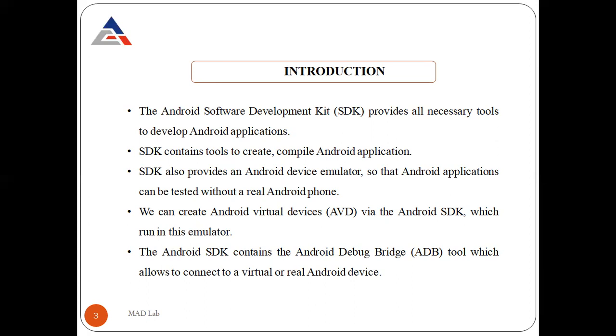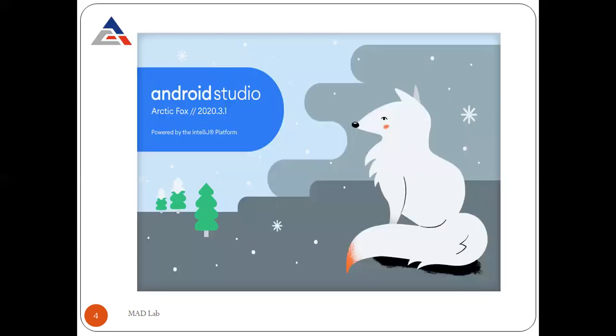So again, whenever you design an application in Android Studio, you can check the output of that application either by attaching the mobile phone to the computer or laptop, or you can get the output with the help of the virtual machine or the emulator. So the new version of the Android Studio has such type of output.